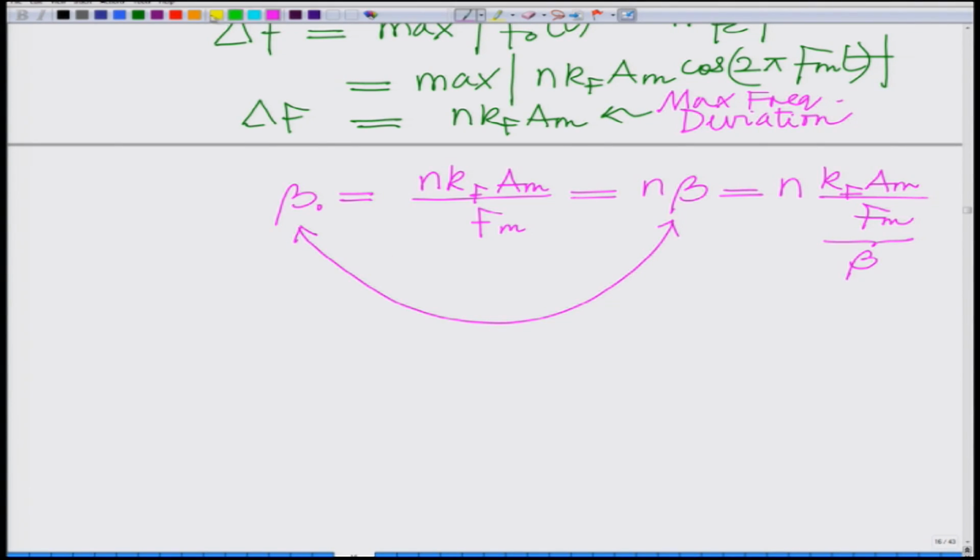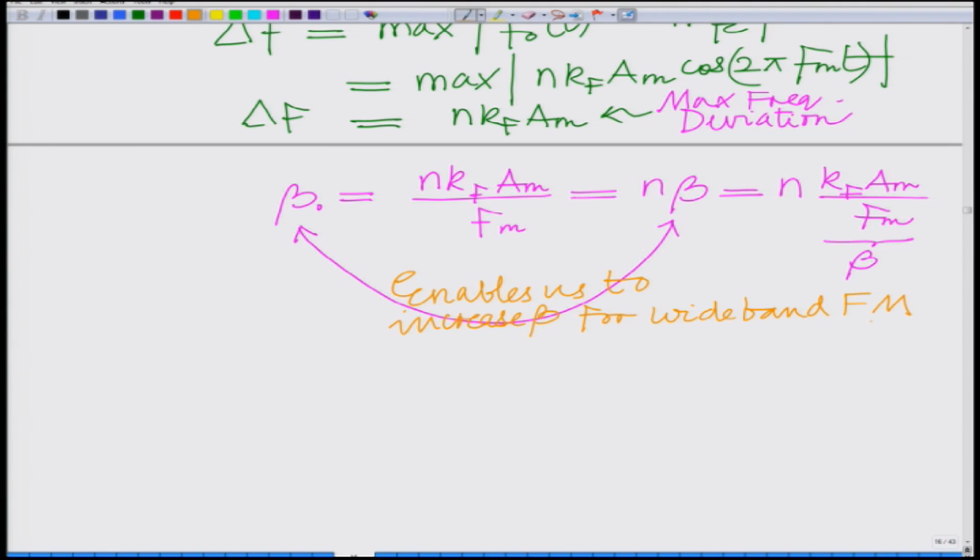So, we are able to increase the modulation index by a factor of n using appropriate frequency multiplication, which enables one to increase beta for wide band FM.